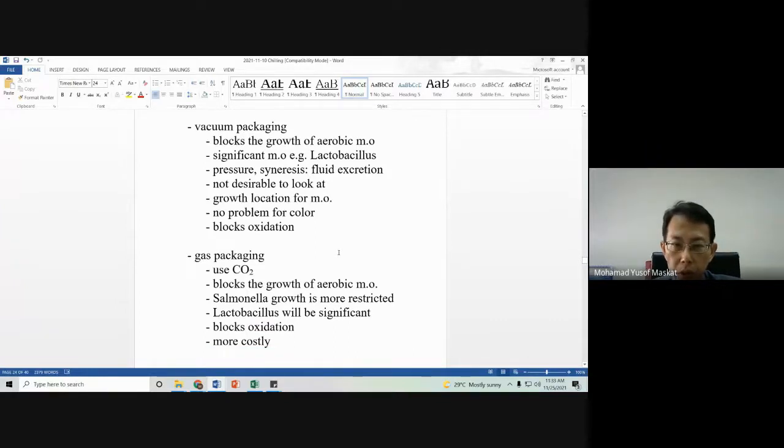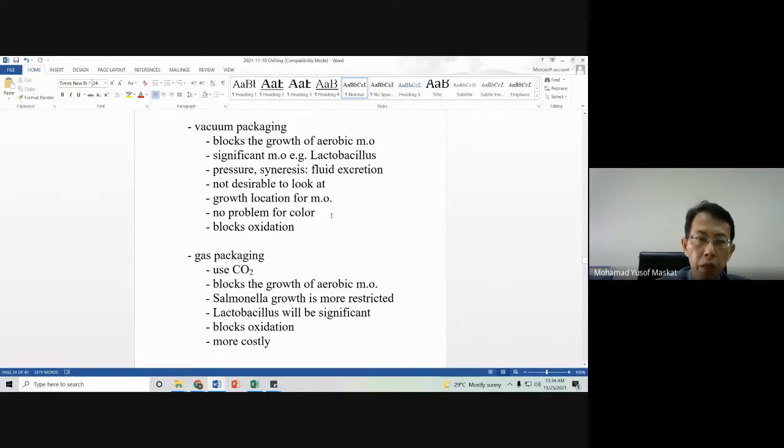It will also create microenvironments with high water activity for microorganisms to grow. It's not a problem for color. It also blocks oxidation because you have sucked all the air out of the package.